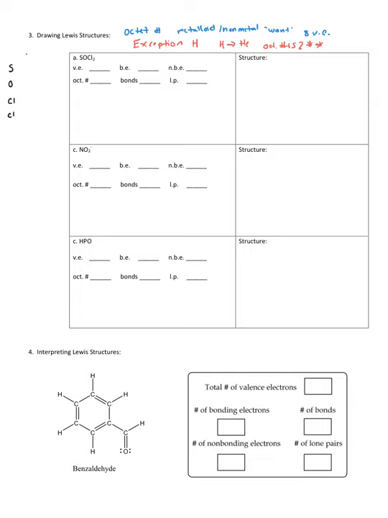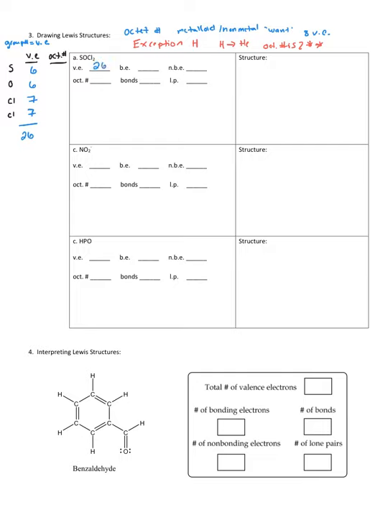What we want to do is calculate the number of valence electrons and the octet number. Remember from the first page and from what we've been dealing with previously that group number is equal to valence electrons. So I go to the periodic table, I find sulfur in group 6, oxygen in group 6, and chlorine in group 7. So I add that all up, and I end up with 26 valence electrons.